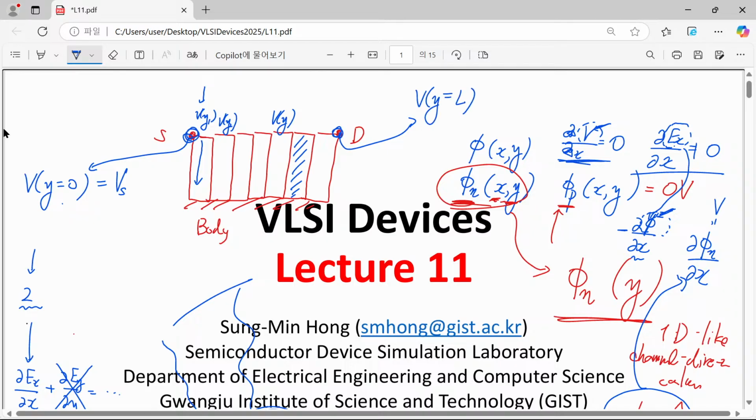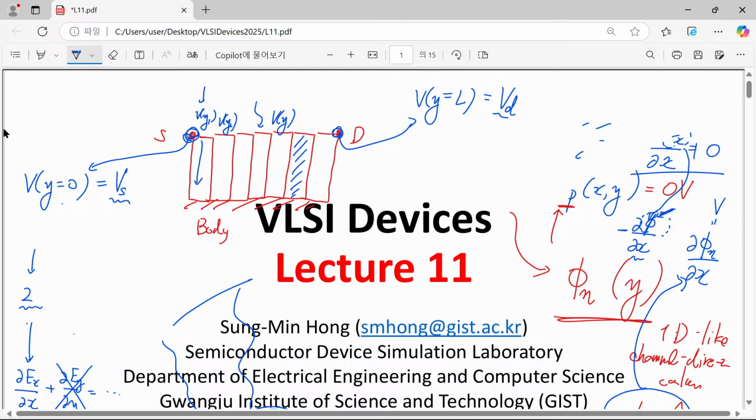This Y equal to L is corresponding to the drain end of our channel. In this case, since this is connected to the drain, its quasi-Fermi potential should be regarded as the drain voltage. So although we have no idea about the exact value at a certain position, at least at two extreme points, left and right end, we know given well-defined values, and our aim is to find out the values shown here.